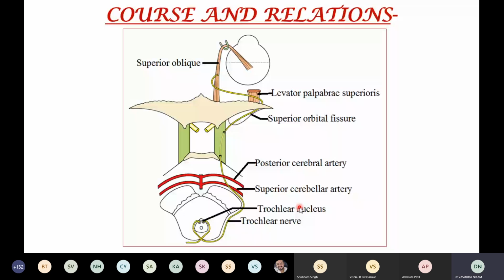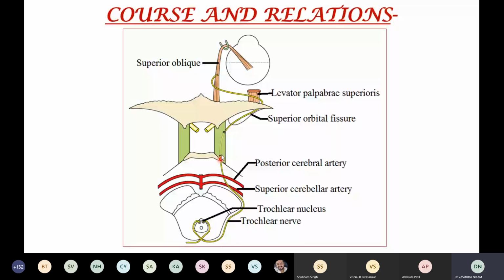When it comes forwards towards the crus cerebri, it will be related to these two important arteries. Also remember, we have studied the posterior communicating artery in the oculomotor nerve. In a similar fashion, this nerve will also be situated lateral to the posterior communicating artery. In the cavernous sinus, it is again second in position.